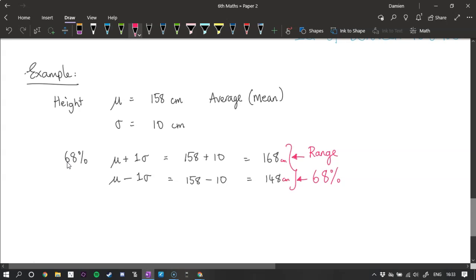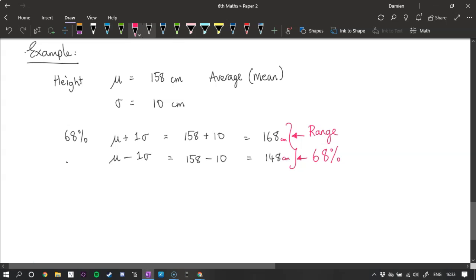If you move on to the next value, which is going to be 95%, that will cover 95% of the school. That is the average or the mean plus 2 standard deviations, and it is the average or mean minus 2 standard deviations. So that's going to be 158 plus 20, and this is going to be 158 minus 20. So now we're dealing with bigger numbers.